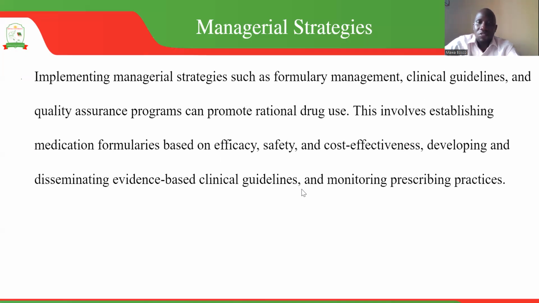At the management level, you need to ensure that there are guidelines and protocols, or even quality assurance programs that promote rational use of drugs. So that means that in terms of procurement at the managerial level, the drugs that should be available should be those in formulations that are actually optimal in terms of safety, efficacy, and also cost effectiveness.